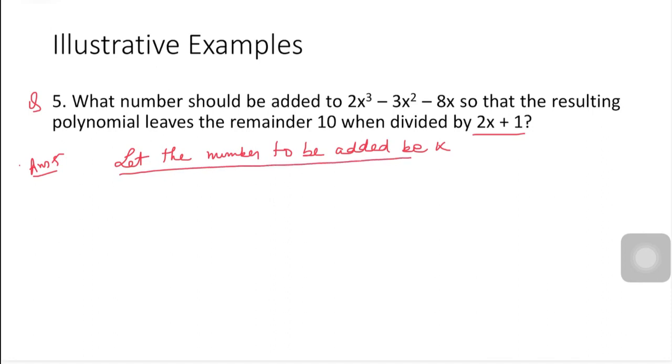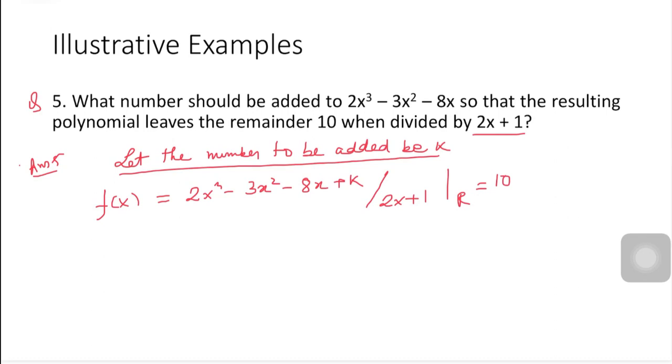So this function becomes f(x) equals 2x cube minus 3x square minus 8x plus k. This is the new polynomial, and it is said that if we divide this polynomial by 2x plus 1, the remainder is equal to 10.